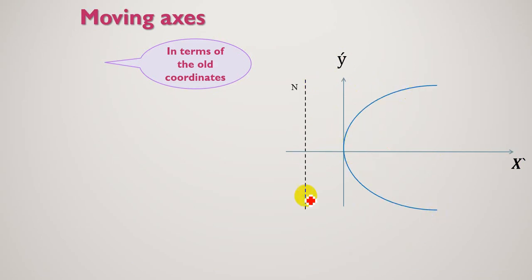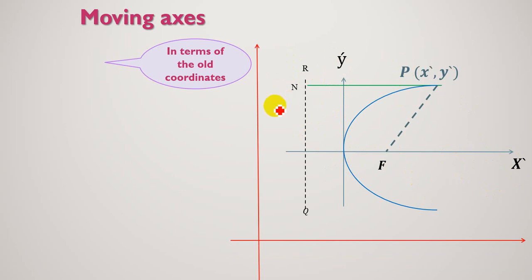I have the directrix here, and I have a new origin which represents x dash y dash, and this is the focus of that parabola. All of this is not on the original Cartesian axis, but on this one, our Cartesian axis.